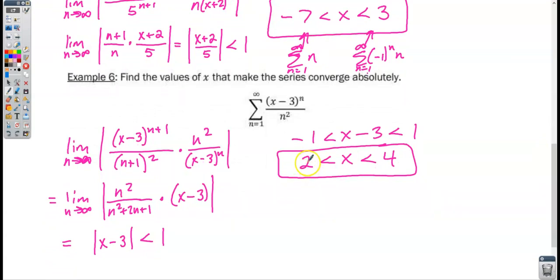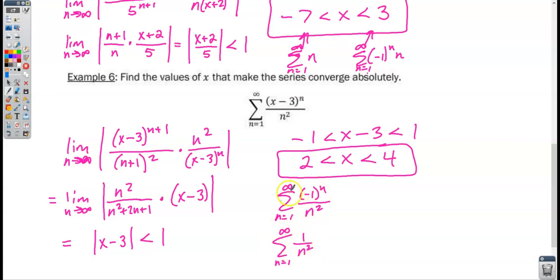If I put 2 in here, that gives me the sum from 1 to infinity of negative 1 to the n over n squared. The absolute value of this is 1 over n squared. Does that series converge?